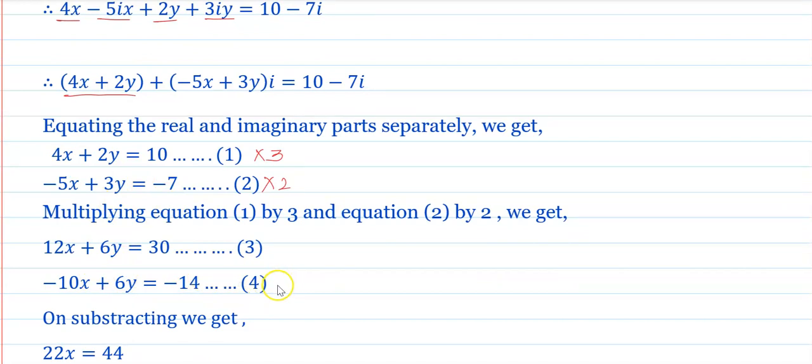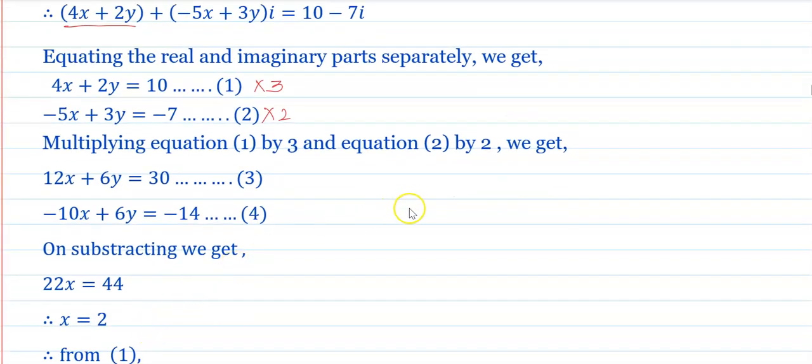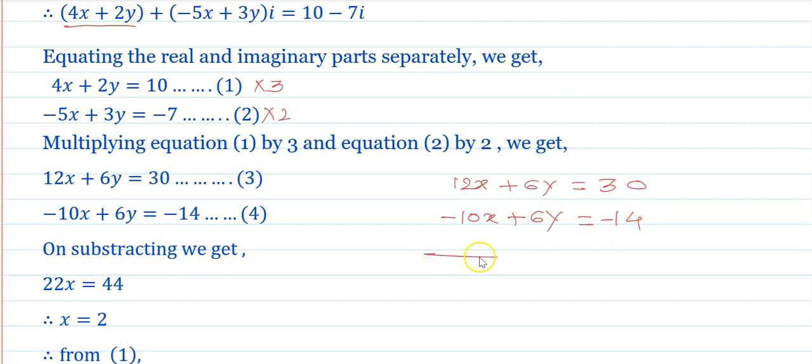And that, okay, this is the fourth one. If we subtract, then if I write here 12x plus 6y is equals to 30 and the next is minus 10x plus 6y is equals to minus 14.